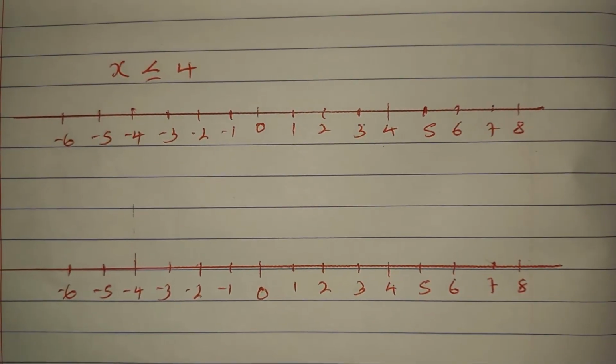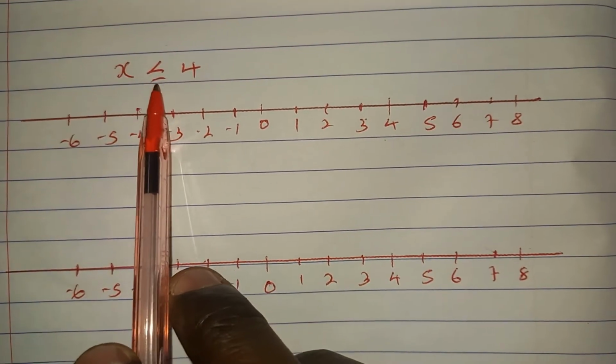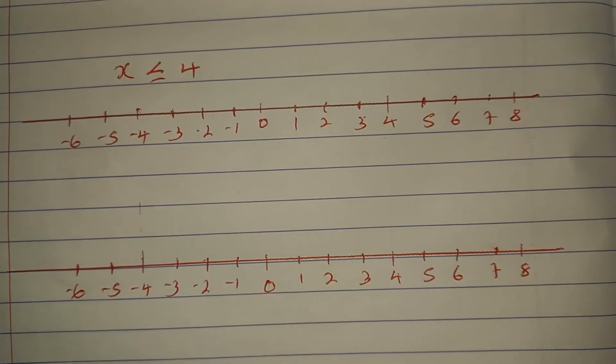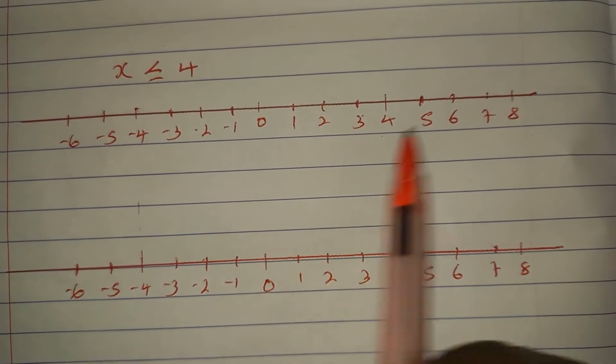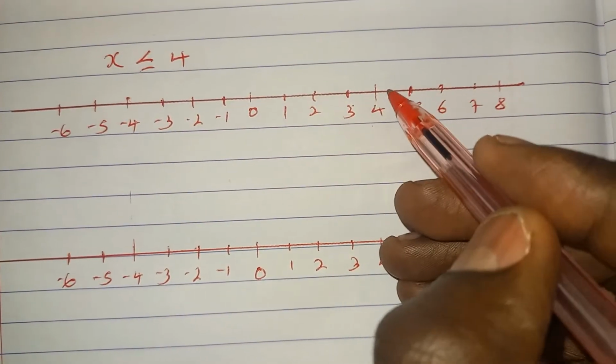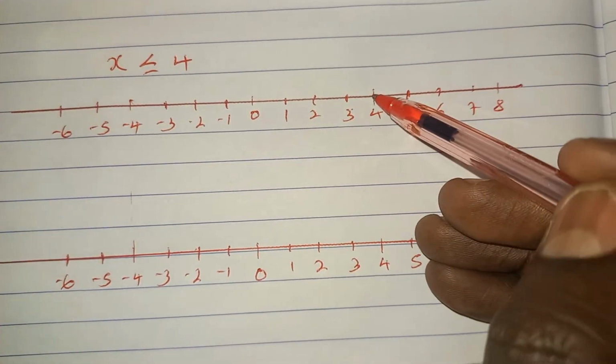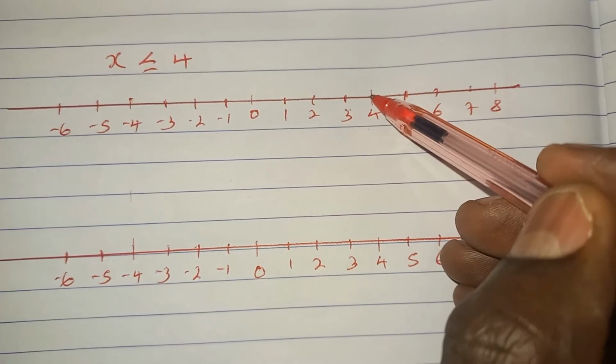So how do you represent X is less than or equal to 4 on a number line? We start by locating 4, and we can see that this is the point 4 on the number line.